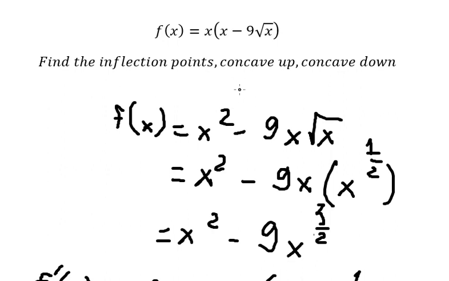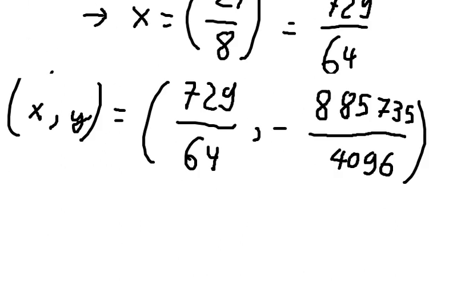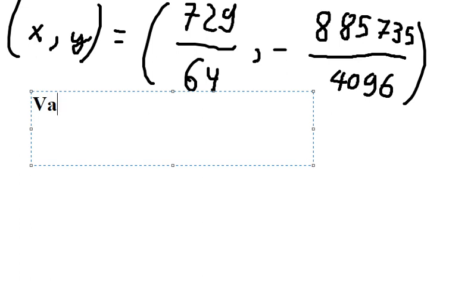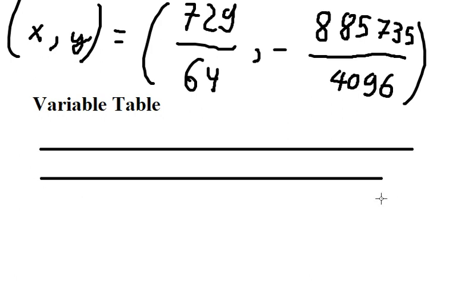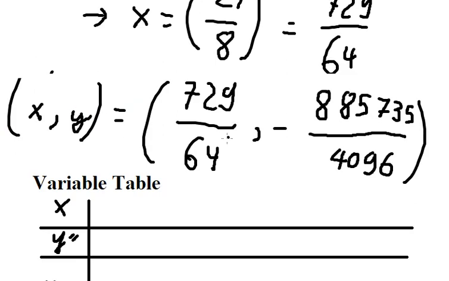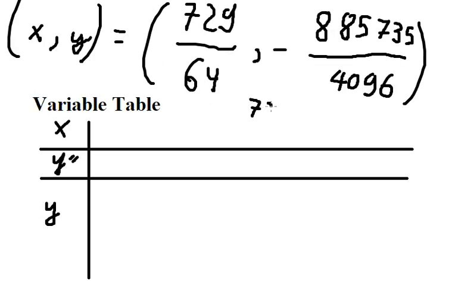Now for the next part, we need to find the sign, so we can use a variation table. We have only one value here, so we put this value in here.